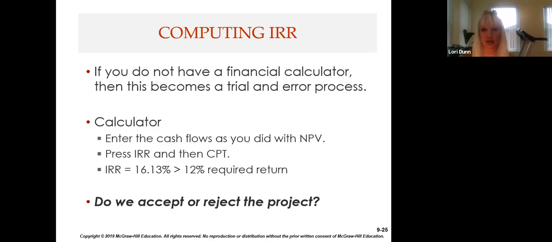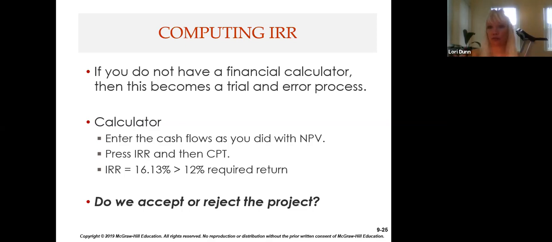So in the beginning of the chapter, we were using a rate of return and saying, okay, if we have a required rate of return of 10%, and we know we're going to have to pay this much money up front, and then our cash flows each year at the end of the year will be this amount, and they were always positive. What would be the net present value?